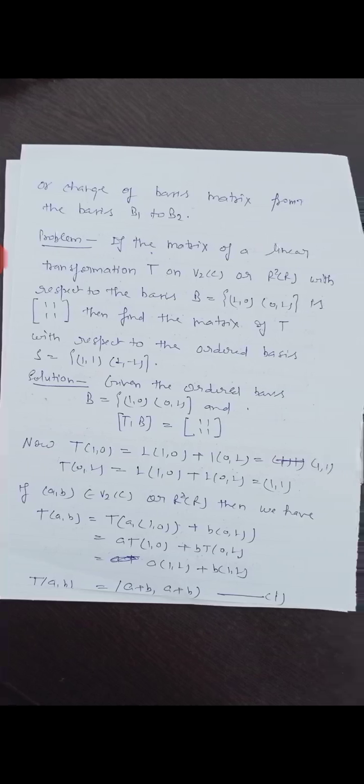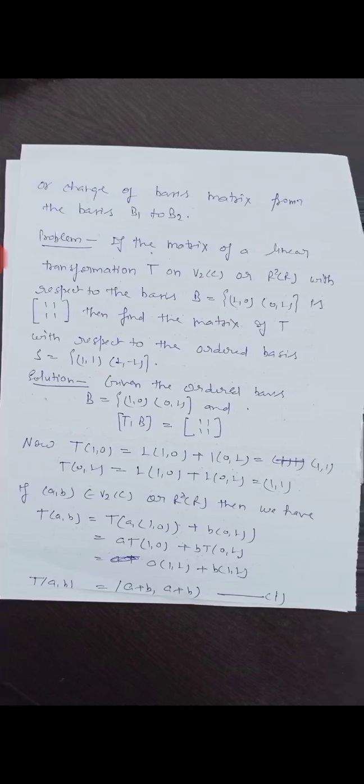Now T(1, 0) = 1(1, 0) + 1(0, 1) = (1, 1) and T(0, 1) = 1(1, 0) + 1(0, 1) = (1, 1).